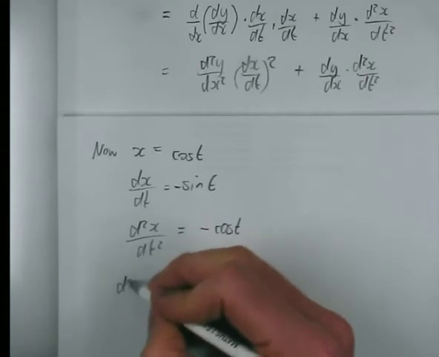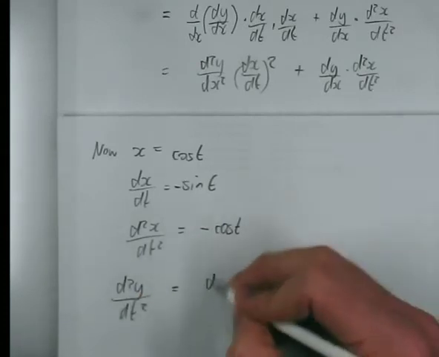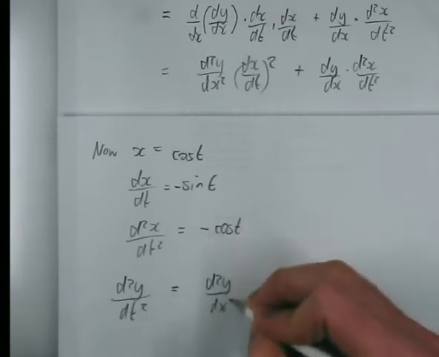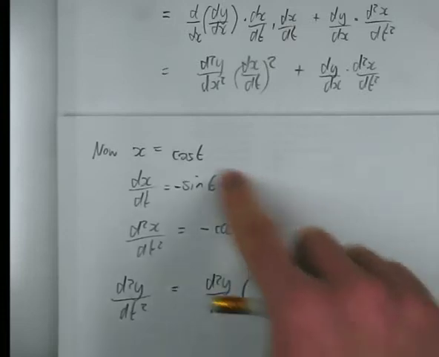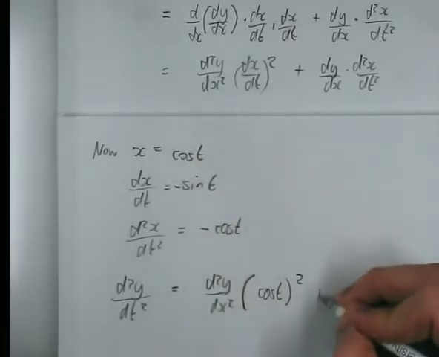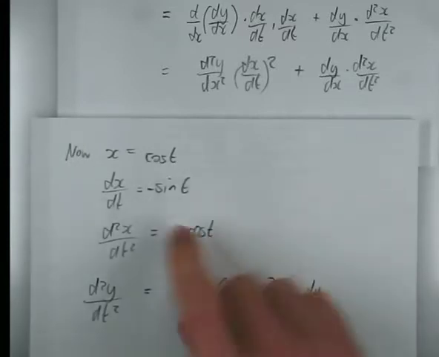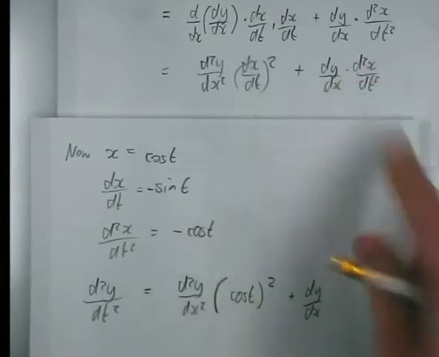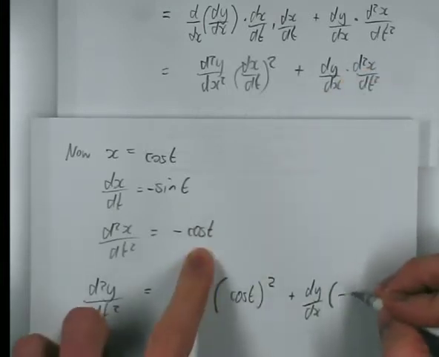So d²y/dt² would therefore be d²y/dx² times (dx/dt)², which is cos² t, plus dy/dx, and we've got d²x/dt², so that's the minus cos t.